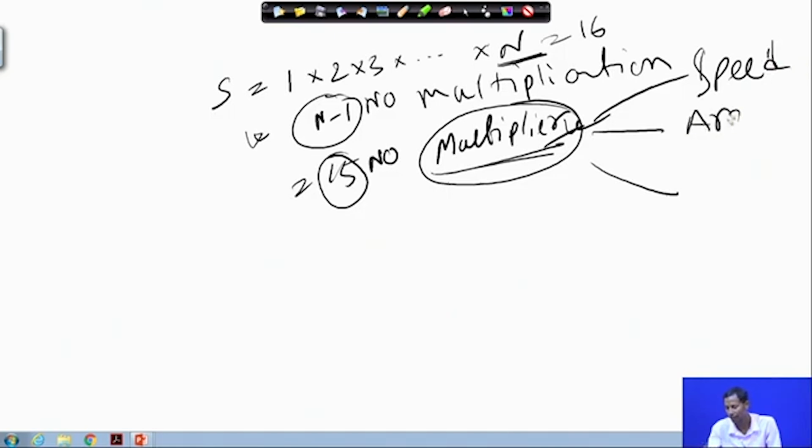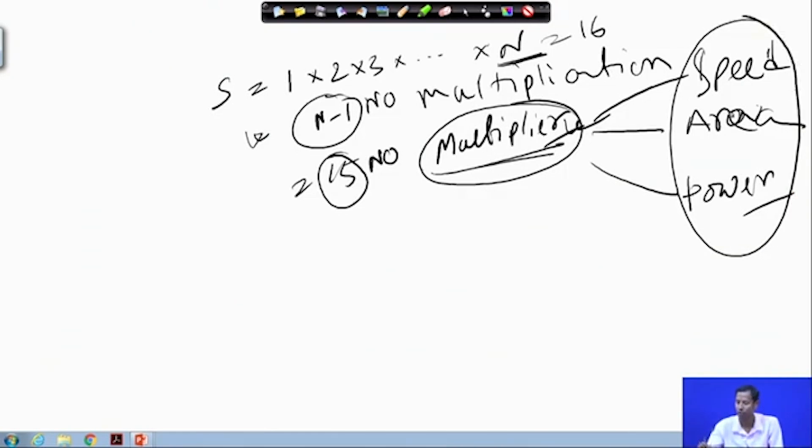We will see the available multiplier architectures for speed, power and area later in this course. One particular module is only for multiplier design, so it is not part of the course at this point.